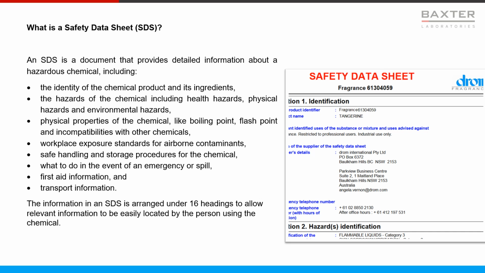The information in an SDS is arranged under 16 headings to allow relevant information to be easily located by the person using the chemical.